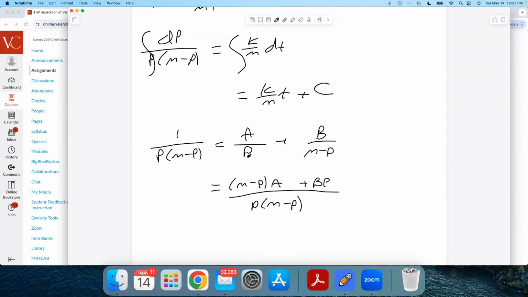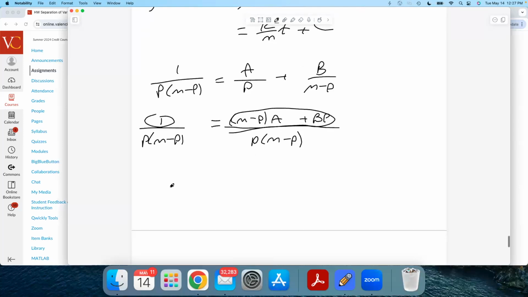Now, the only way two polynomials can be equal is if all their coefficients are equal. So this top must equal this top. So we get M minus p times A plus Bp must equal 1.